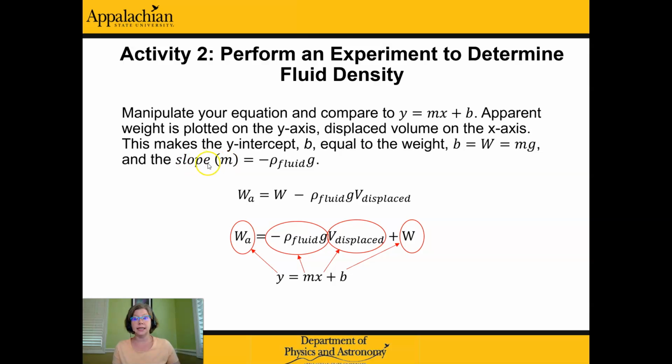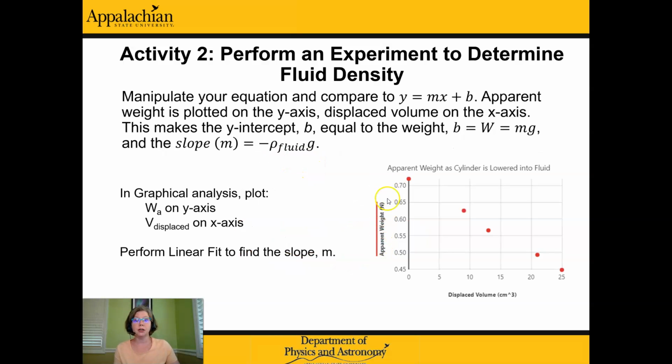It also designates my slope to be equal to negative the fluid density times the acceleration due to gravity. So I'm going to plot my apparent weight on the y-axis and my displaced volume on the x-axis. I'm going to do a linear curve fit. I'm going to use that linear curve fit to find my slope, and from the slope determine the density of the fluid.